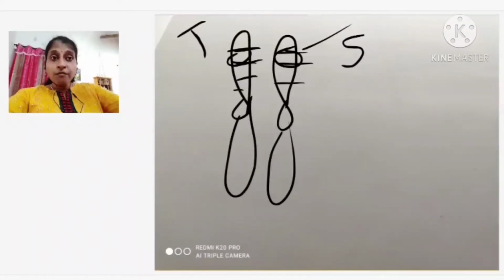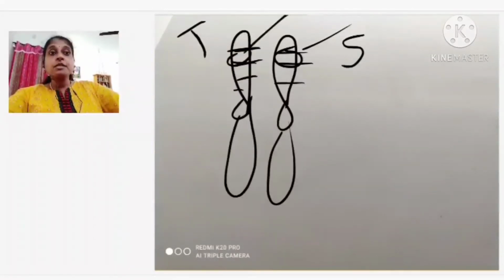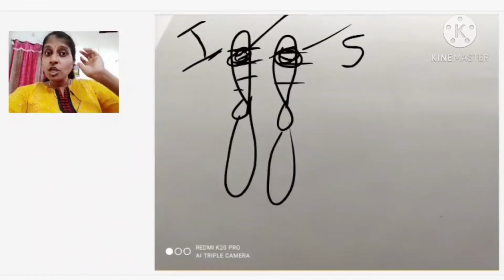Which one will I be expressing? Most probably I will be expressing the dominant character. What do we call them? The dominant. You have learned monohybrid and dihybrid cross, isn't it? So out of the two alleles of a gene, the one I will be expressing is the gene which is dominant.